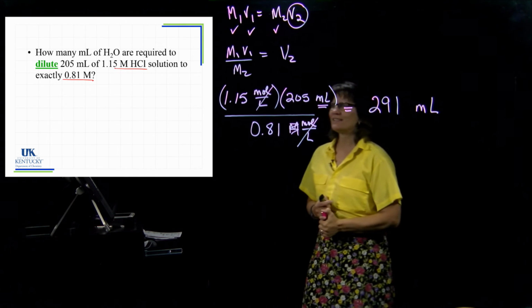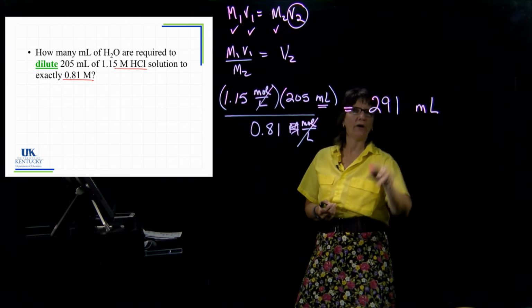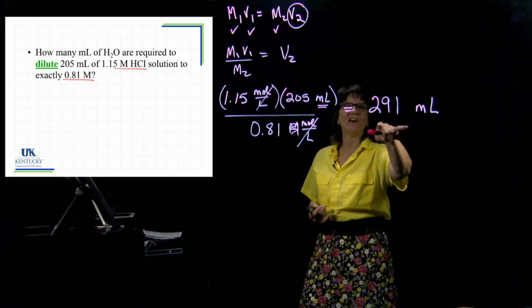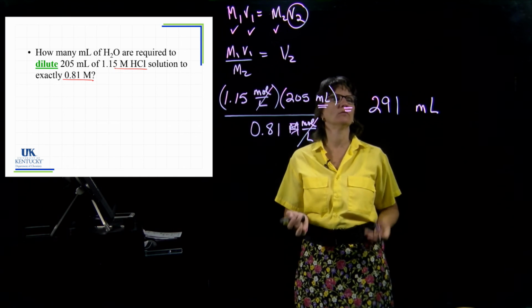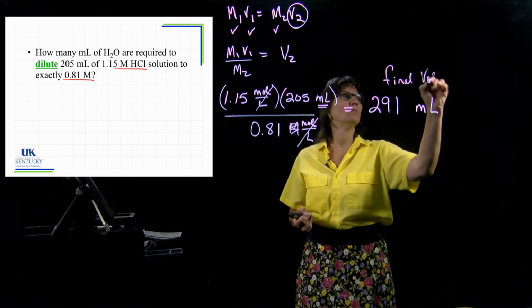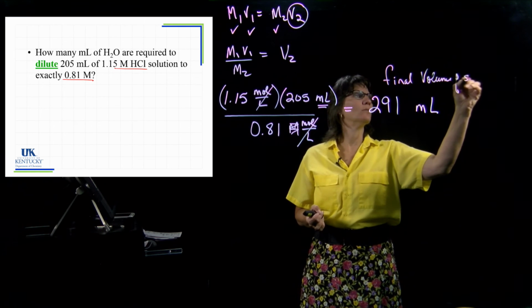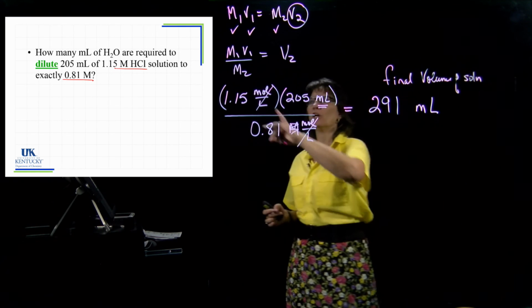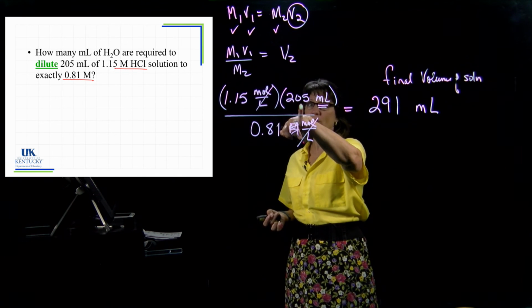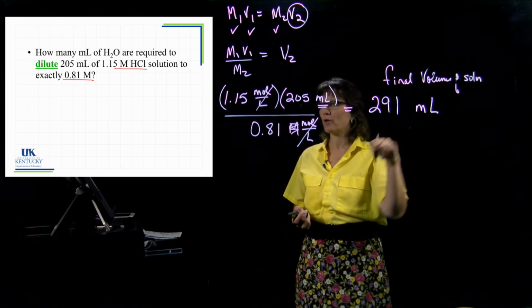Now, is that the answer to the question? The question says, how many milliliters of water are required? Is that milliliters of water? No, this is the final volume of the solution. That's what V2 means. So I took 205 milliliters of that solution to begin with and diluted it to become 291.